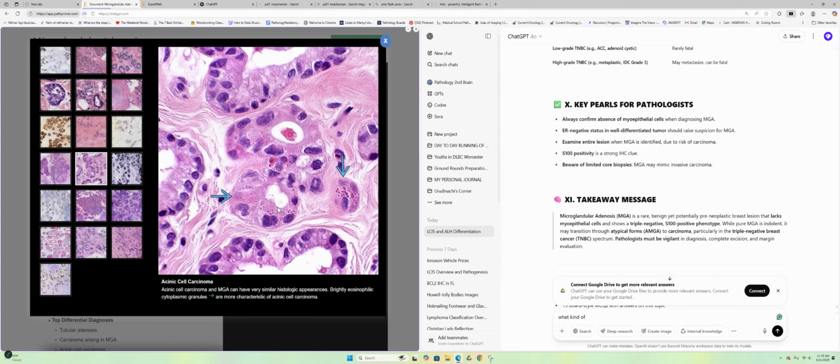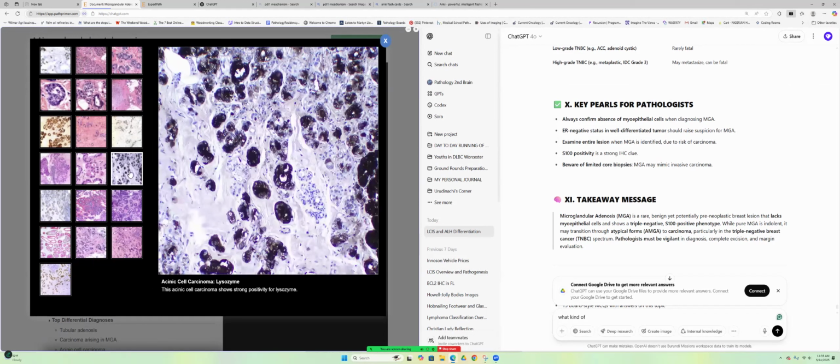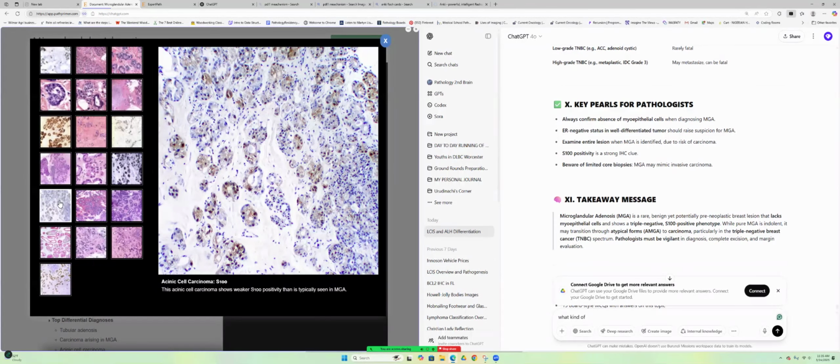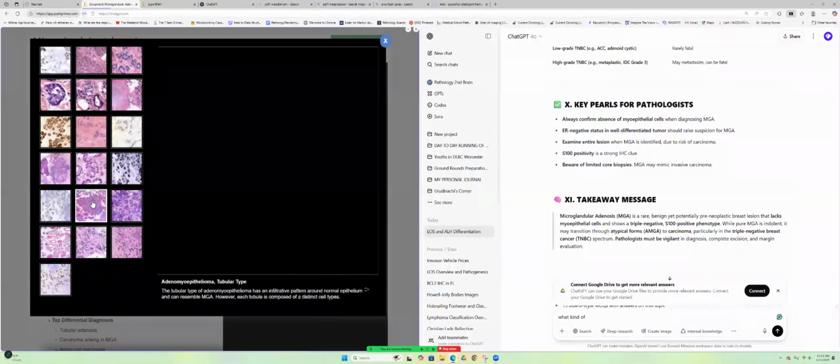Eosinophilic cytoplasmic granules, look at the granules. Acinic cell carcinoma, that's one thing about them: lysozyme stain is positive. S100 is weaker than you see in microglandular adenosis.